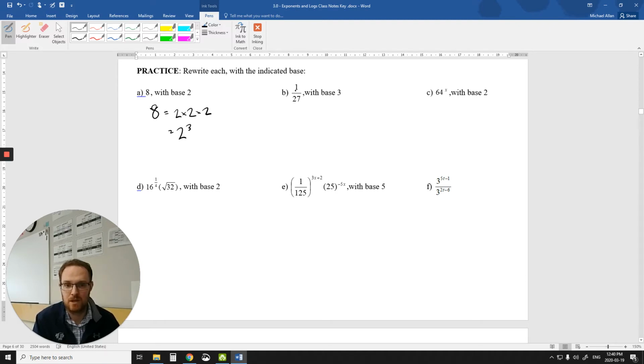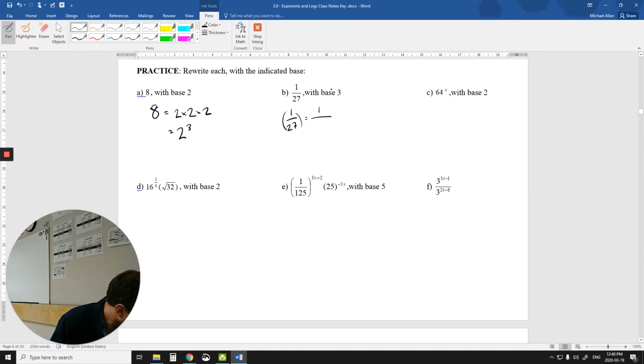I want to change this 1 over 27 number here. Let's just put that in brackets. I want to change that to say some 3 to the power of something. So you have to maybe just do a little recall, like 27 is 3 to the power of 3. All right, so that's just 3 to the power of 3. Now, this is just the same as saying 1 over 3 to the power of 3.